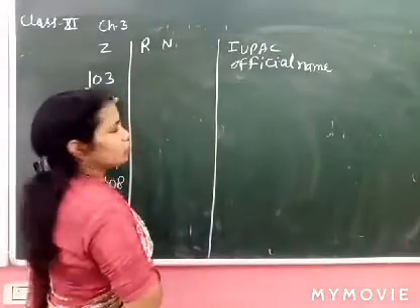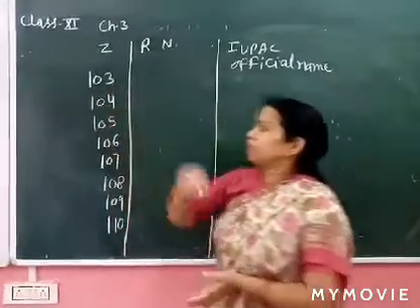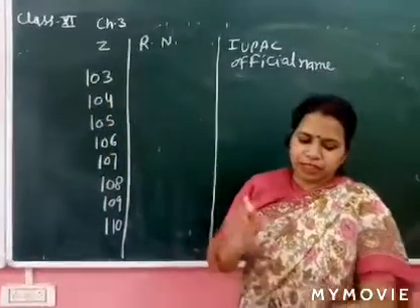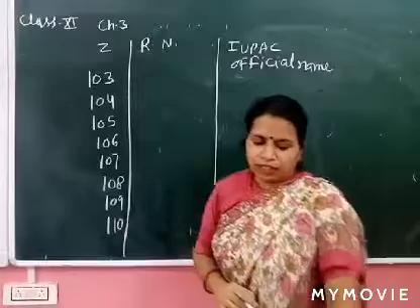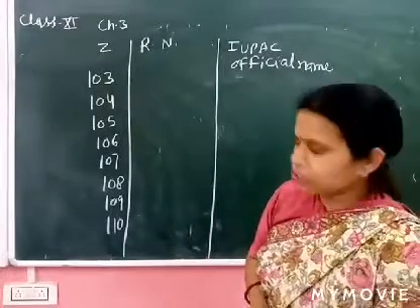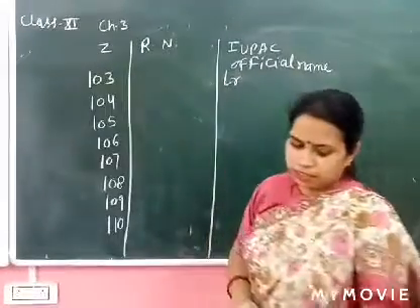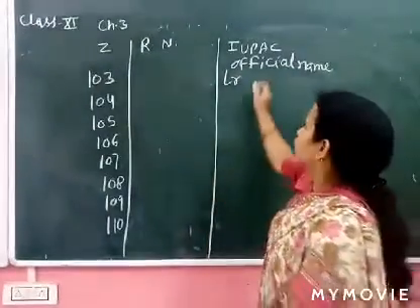How to write 103? What is 1? Again un. And 3 means trium, Unniltrium. And write down its name: 103 is Lawrencium, symbol Lr.